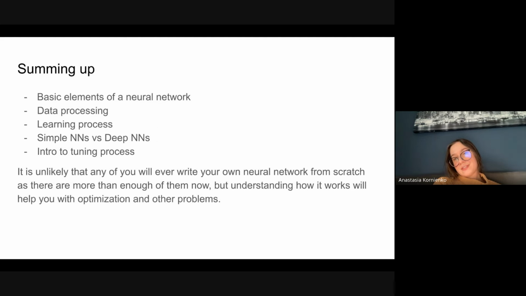You will just use an existing one because it's trained well and already has a lot of data. This information is for you to understand how it works, so you can apply your knowledge when you try to optimize neural networks or solve other issues, for example, when your input is not giving the right output.